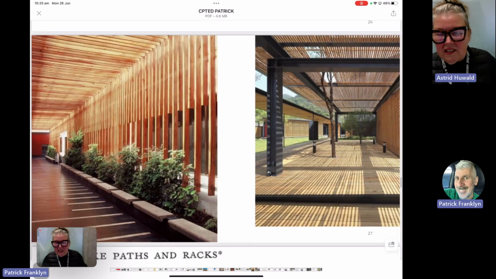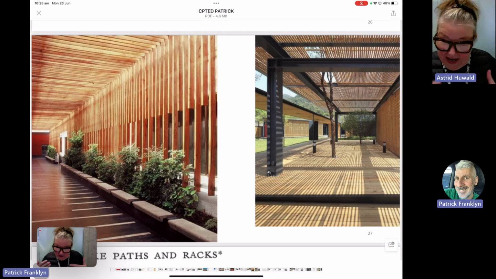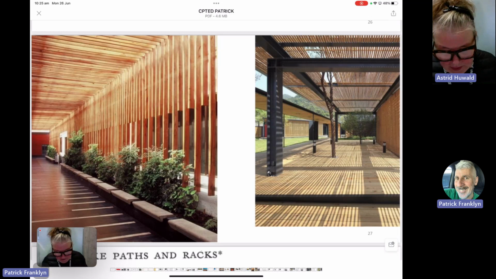Oh, look at this slide. In all of its architectural beauty, it's just this idea of shelter for people as much as possible. In CPTED terms, what we're wanting to do is attract a really broad range of people.